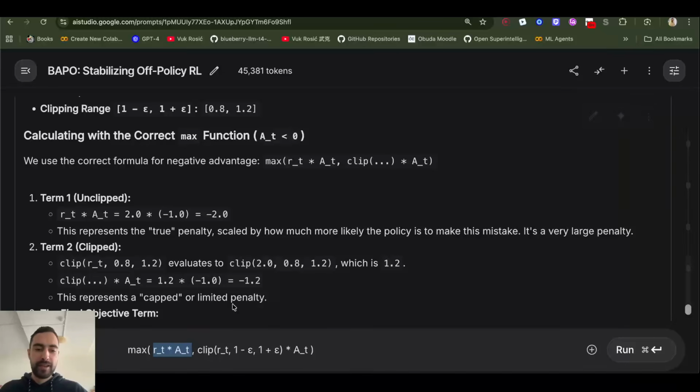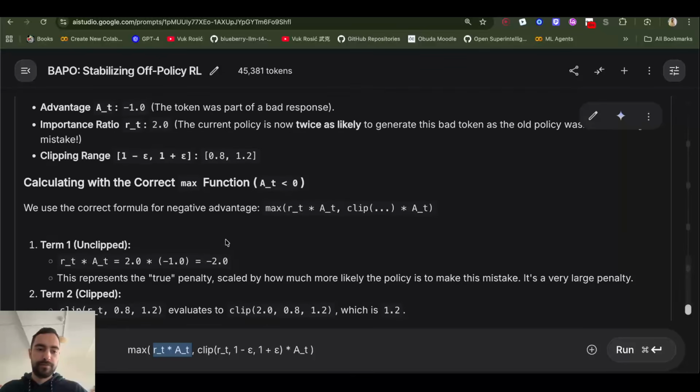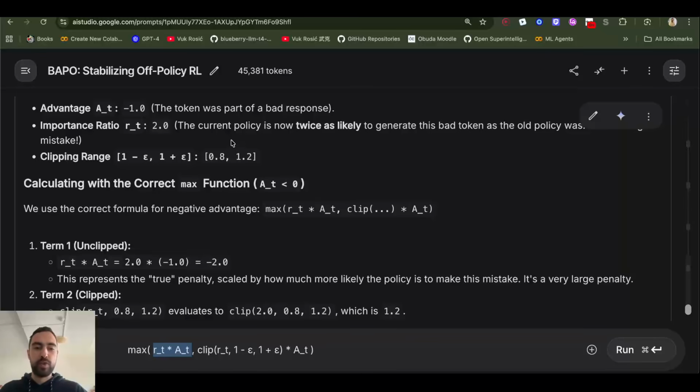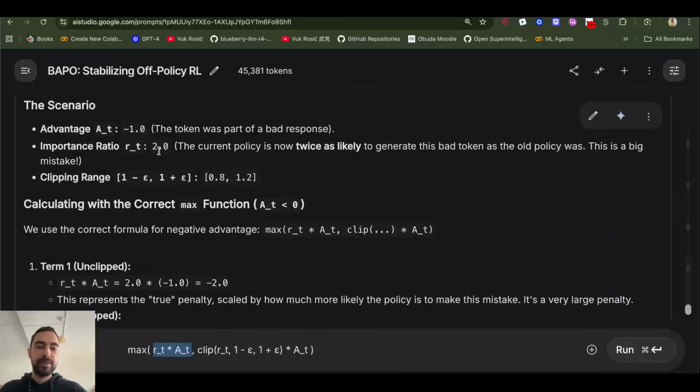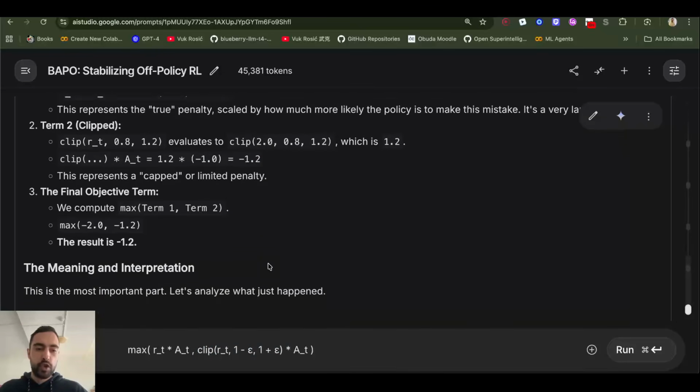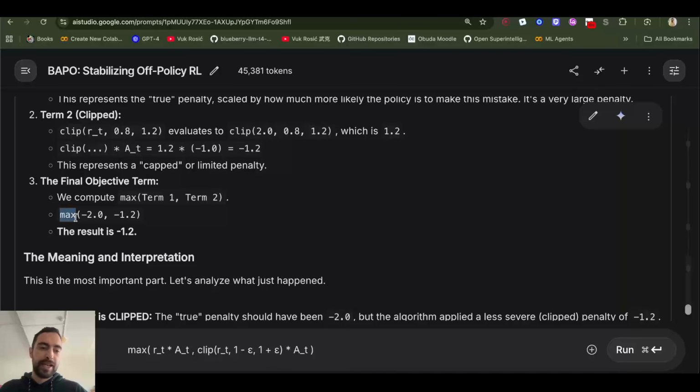And in the second term, we clip this ratio from 2 to 1.2, and then we multiply the clipped ratio with the advantage. We want to get the maximum number between -2 and -1.2, which is the clipped version. So this will be our final reward, -1.2.